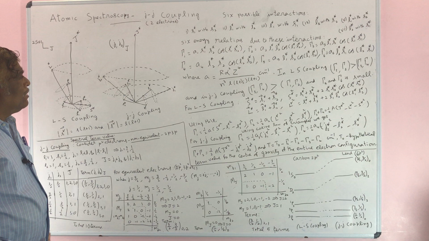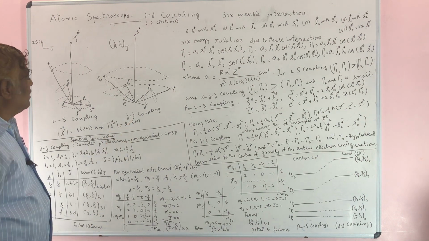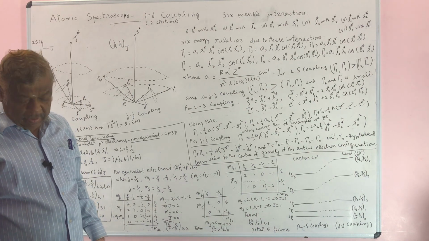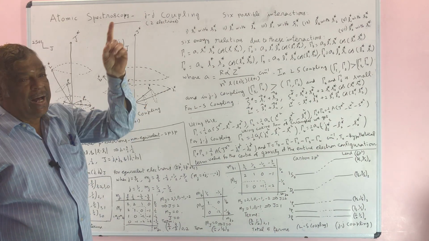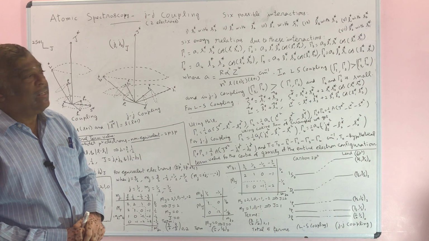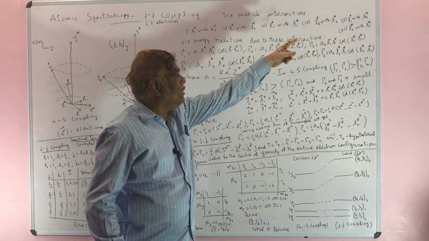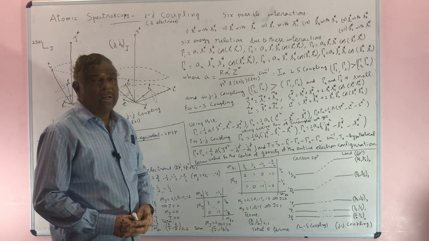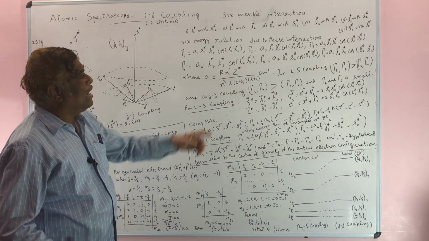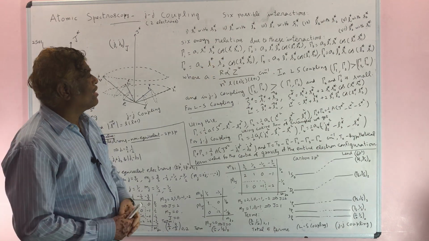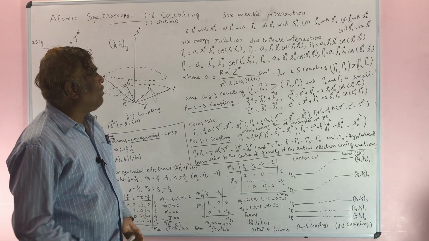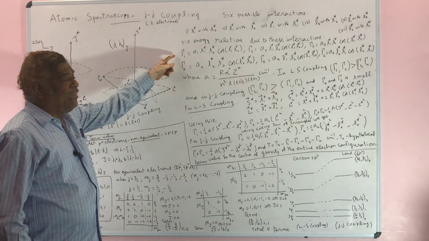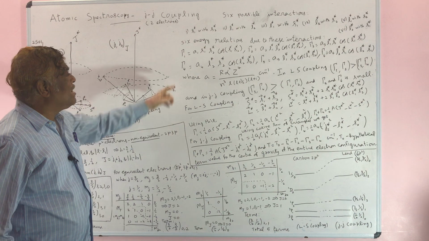In addition, 2 more interactions are there: L1 star with S2 star, the orbital angular momentum of the first electron and the spin angular momentum of the second electron, and the sixth, the orbital angular momentum of the second electron with the spin angular momentum of the first electron. So 6 types of interactions are possible, and due to these interactions we have 6 energy relations.